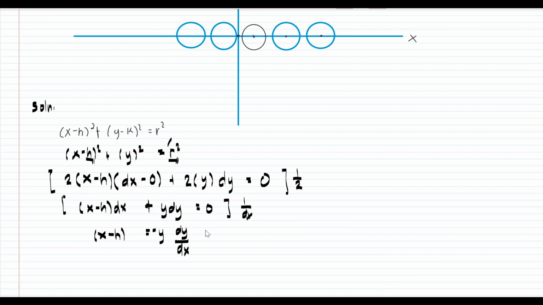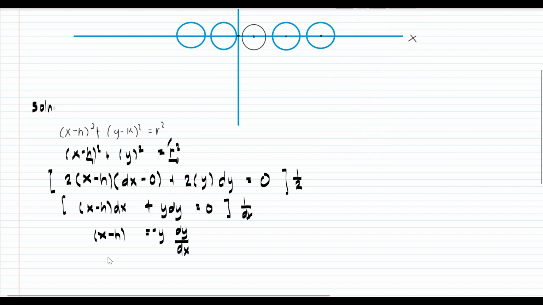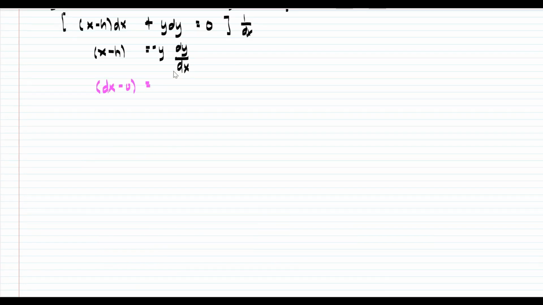Next, we proceed to the second differentiation. To do so, we differentiate this. This is dx minus 0, which equals, this particular term is actually a product rule.